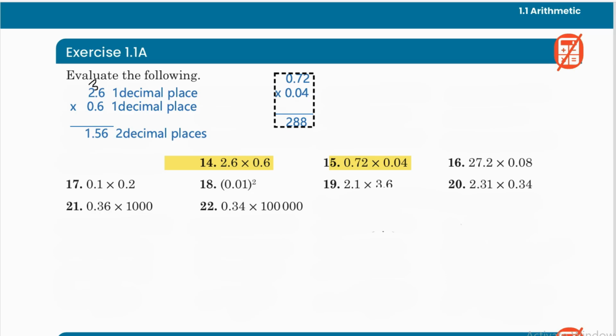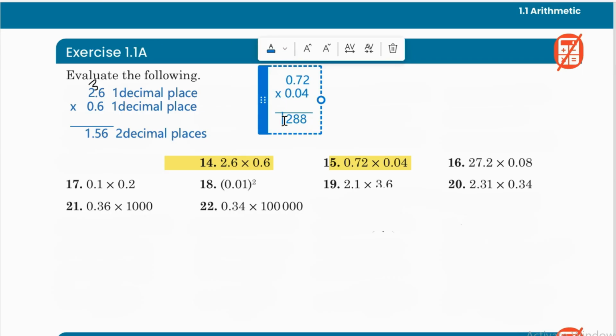In the first number and in the second number, total 4 decimal places. So we have to now put a 0 over here, and then there will be decimal, and this is 0.0288.